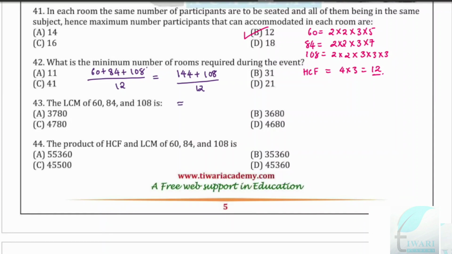This can be written as 12 into 12 is 144, plus 12 into 9 is 108, so 252 divided by 12. 12 plus 9 is equal to 21. So the answer is option D, that is 21.